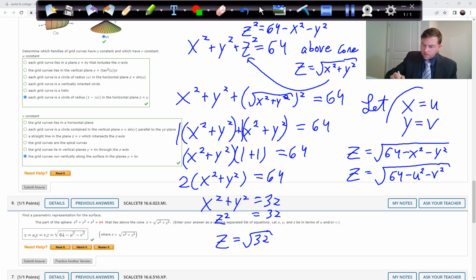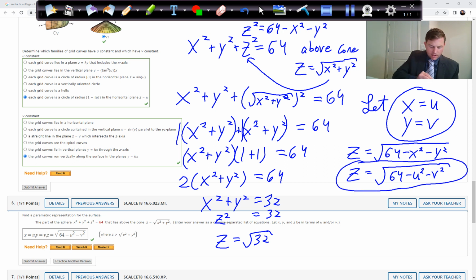So we're just going to write, with commas in between them, x equals u, y equals v, and z equals the square root of 64 minus u squared minus v squared. Okay, so that would be the parametric representation of this sphere that lies above some cone.